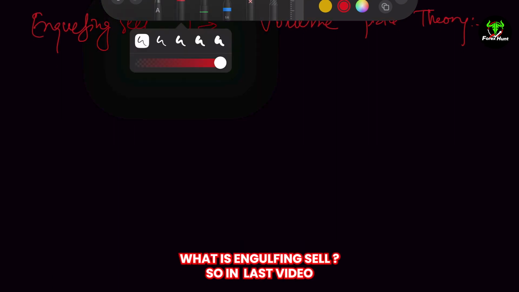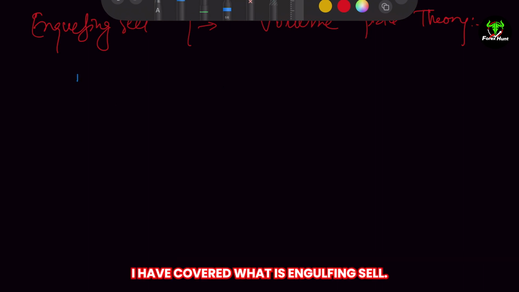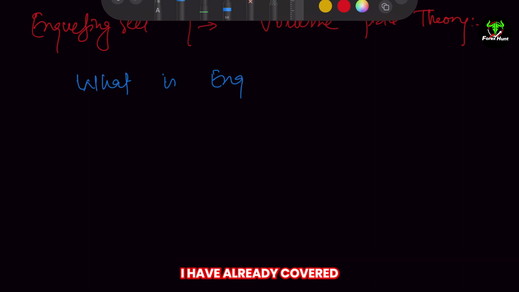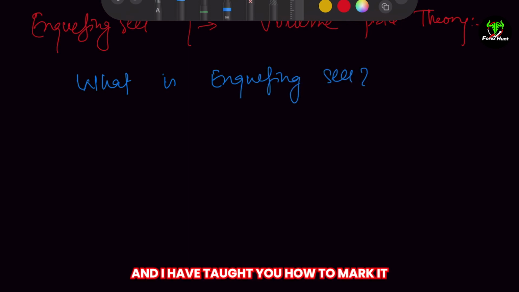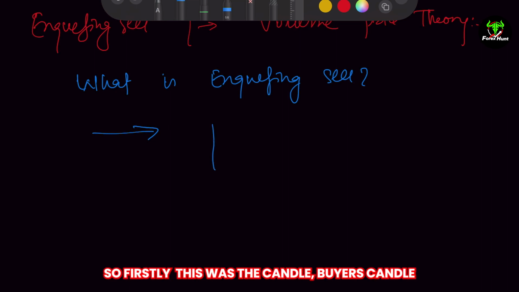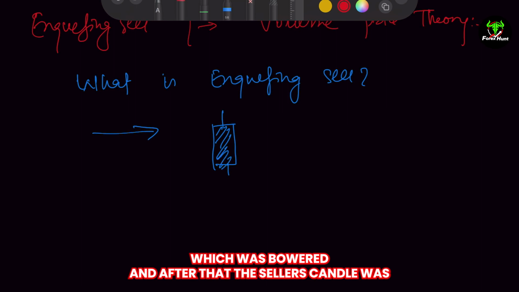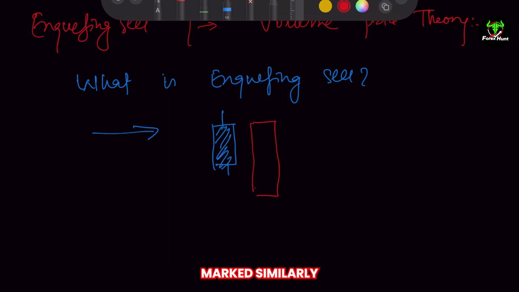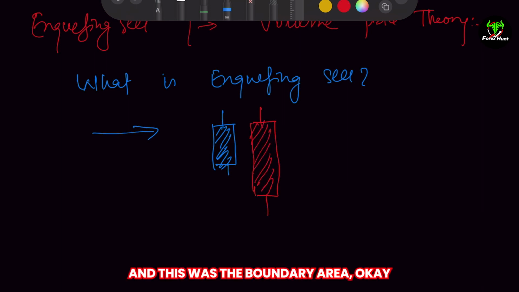What is engulfing sell? In the last video I have already covered what engulfing sell is, and I have taught you how to mark it. Firstly, this was the buyer's candle which was marked, and after that a seller's candle was marked similarly, like this, and this was the boundary area.